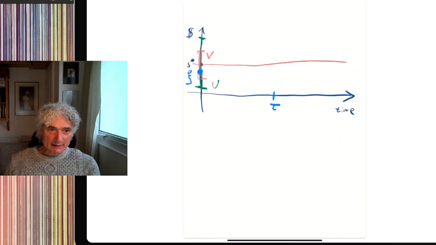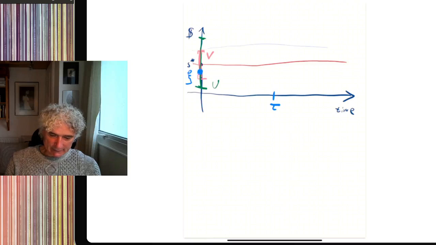So up to time tau, and of course I have to draw here the two neighborhoods V and also U.